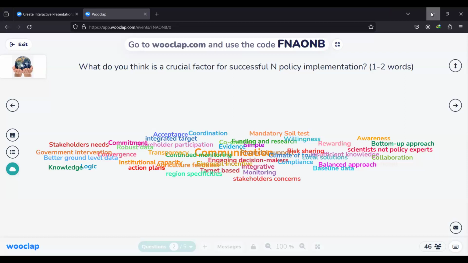Lack of nitrogen researchers in agenda setting and policy-making processes. Addressing these and other obstacles requires an integrated approach involving collaboration among governments, research institutions, agriculture stakeholders, and environmental organizations to develop and implement effective policies that balance agricultural productivity with environmental sustainability.